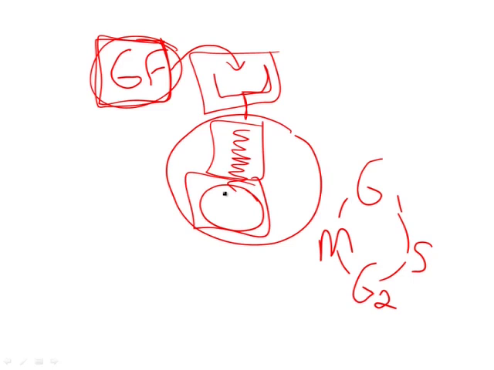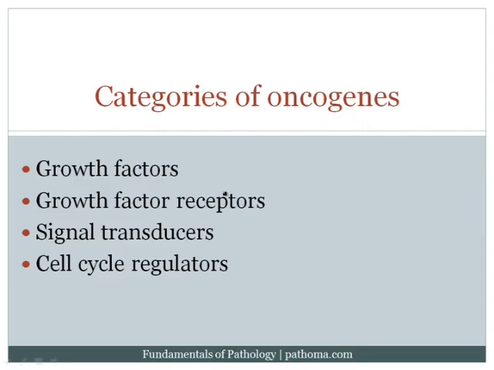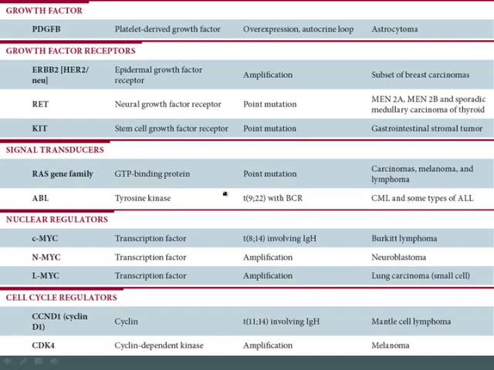So this is the normal. Now, mutations in any one of these steps or any one of these categories of proto-oncogenes can result in the formation of an oncogene and can then be associated with formation of a tumor. And that takes us to this table, which is present within your text.